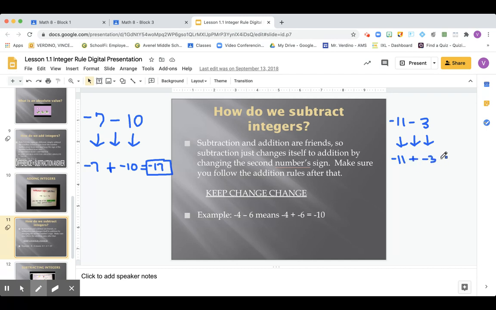Again, same sign, sum, negative 11 plus negative 3. Take the sum, which is going to give you 14. And if they're both the same sign, take that sign that we have, negative 14.